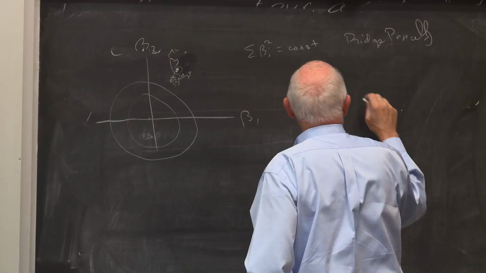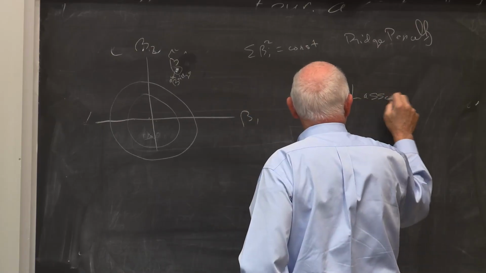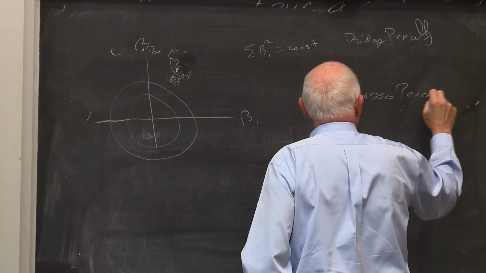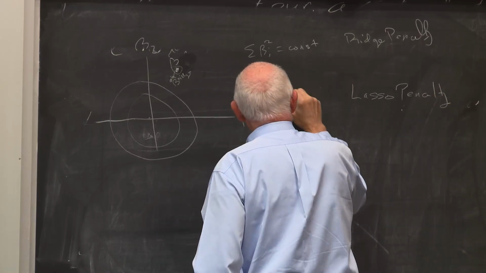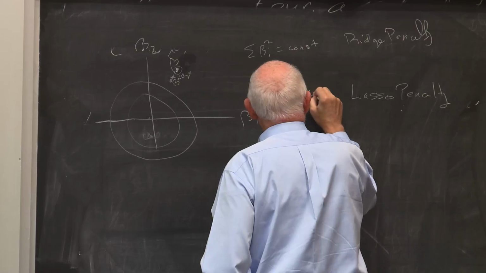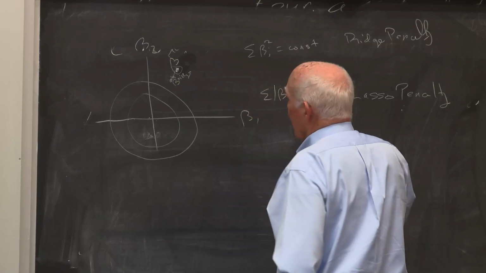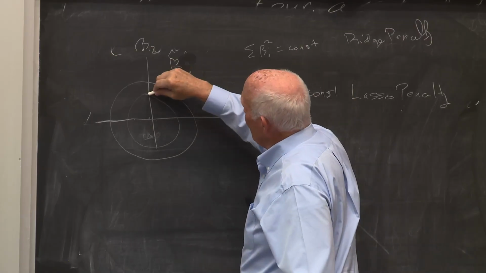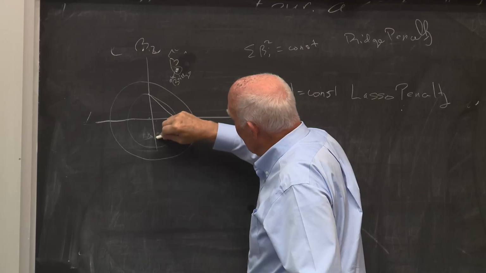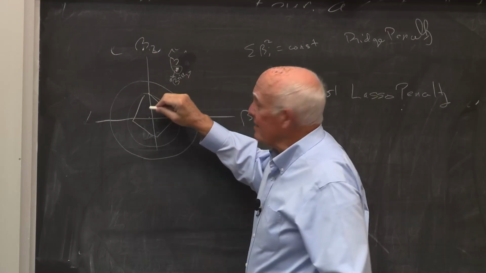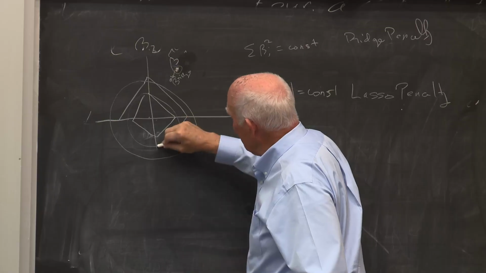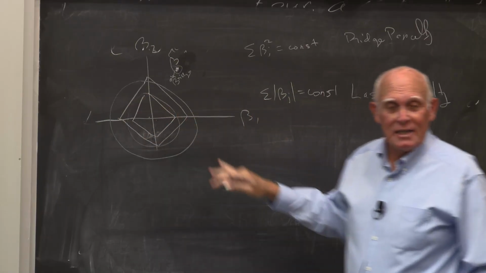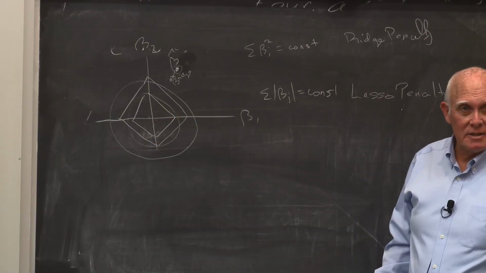With the Lasso penalty, we have the sum of the magnitudes of the beta j's equal to a constant. Then we basically have diamonds where along each of these diamond edges, the penalty is the same magnitude.